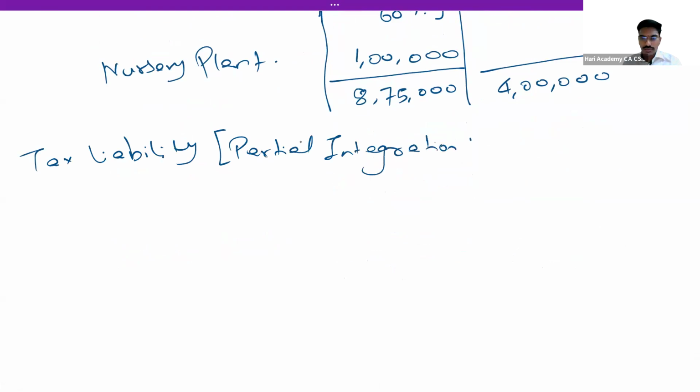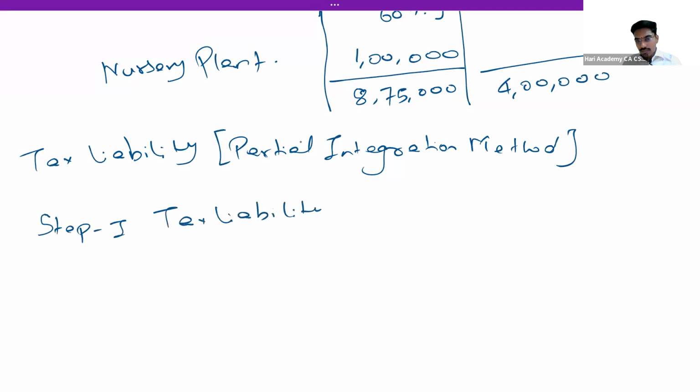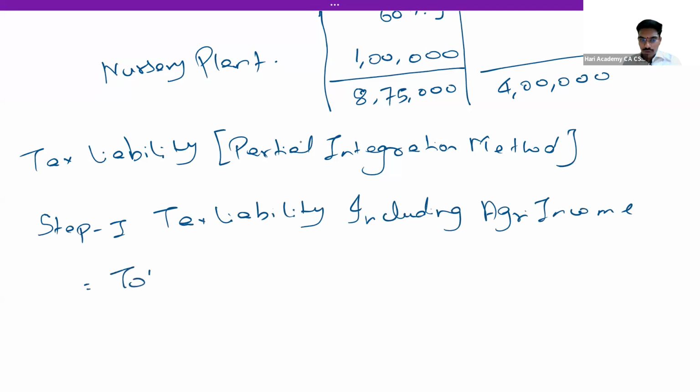Let us go stepwise. Step 1, tax liability including agri income. What is my total income now for this step?